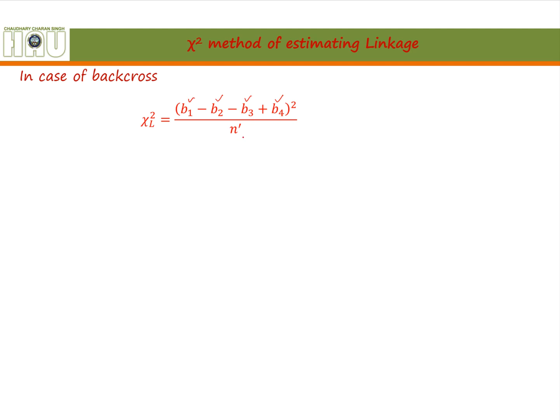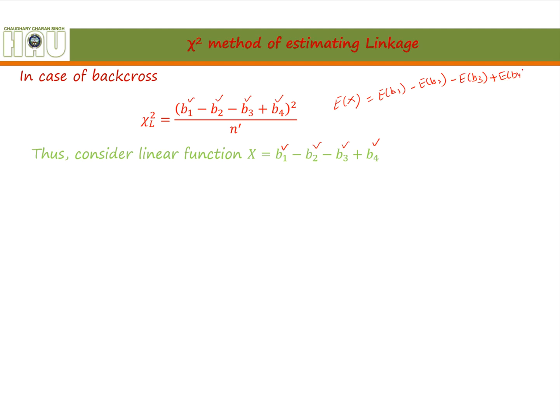So let us consider this linear function. So x is equal to B1 minus B2 minus B3 plus B4. Then if we want to find out the expected value of x, you can find out the expected value of B1 minus expected value of B2 minus expected value of B3 plus expected value of B4.